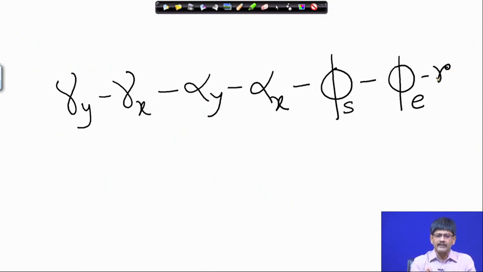Now, I would not like to follow this particular nomenclature, because as you would see, there are certain problems with this. For example, there is no information about the auxiliary flank. And secondly, we might have problems with such definition if we use alpha y, alpha x together.